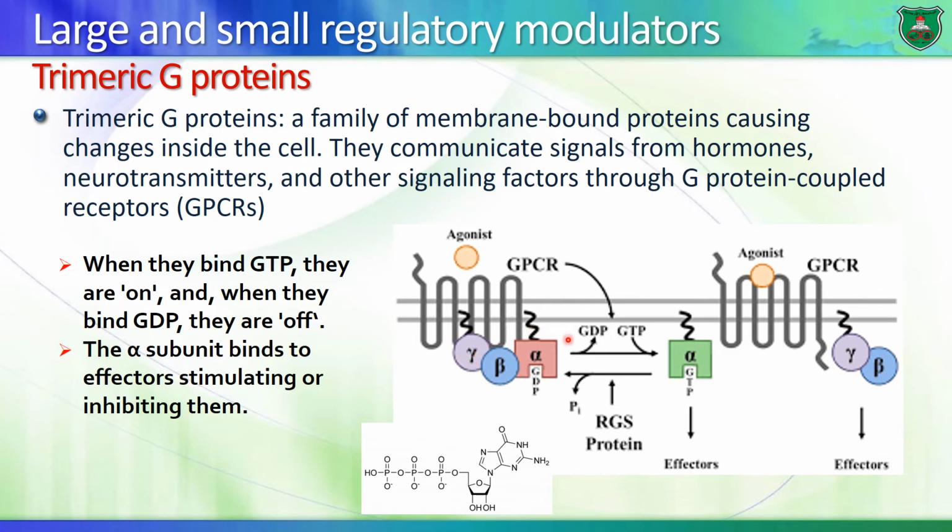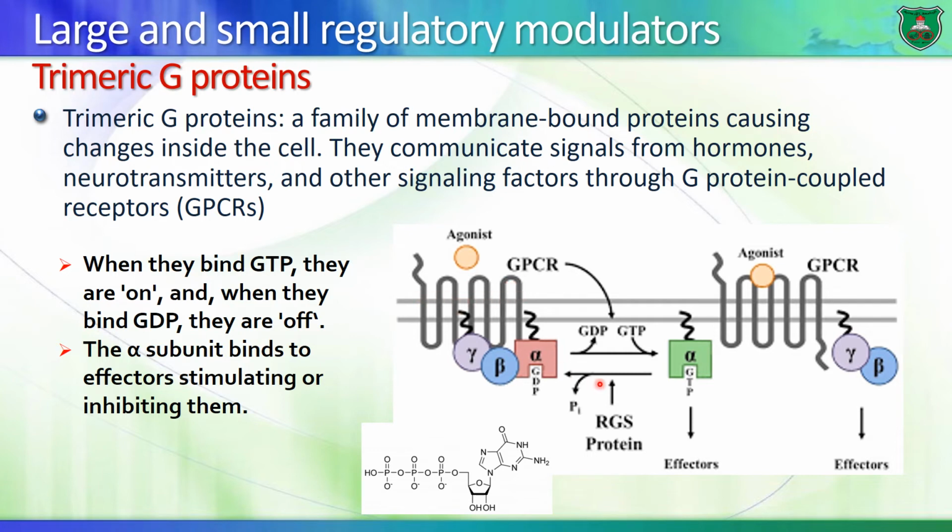Now this G protein is usually associated with what is known as a G protein coupled receptor, GPCR. Okay, so you have a receptor on the cell surface, and associated with it you have a G protein. Now the ligand or the agonist comes in, it binds to the receptor. The receptor changes structure.